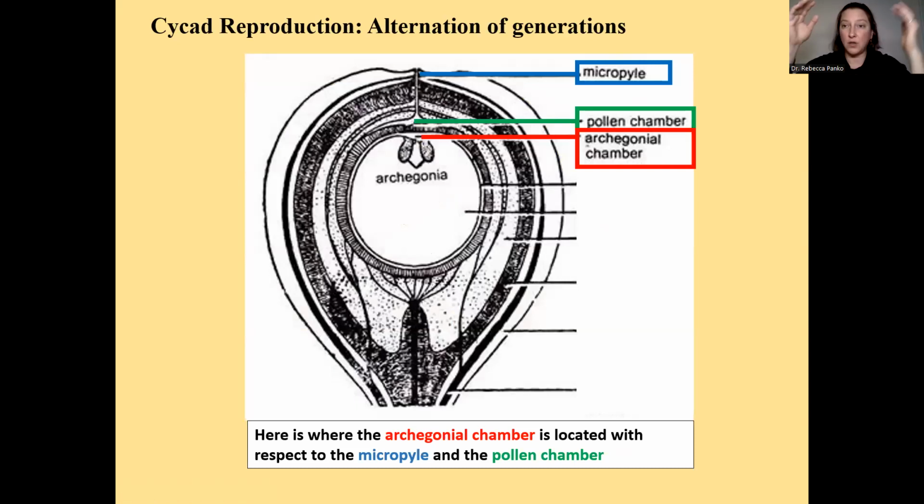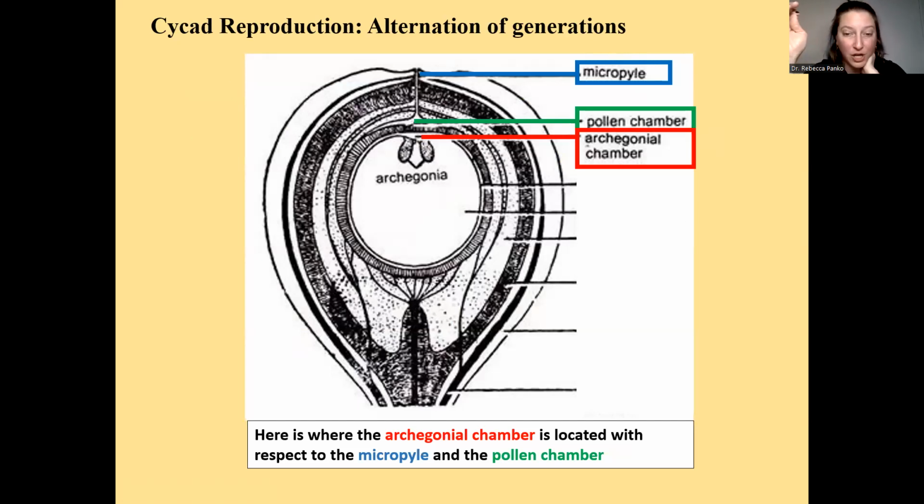So just to get you situated, and I think your lab has this exact same diagram or something very close to it, you have the micropyle, which is the hole. The pollen grains enter through the micropyle via the pollination drop. Once they get inside of the ovule, they're in the pollen chamber.